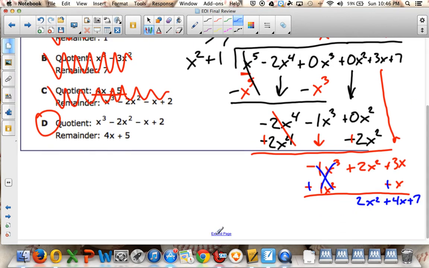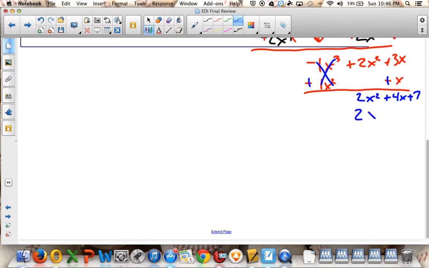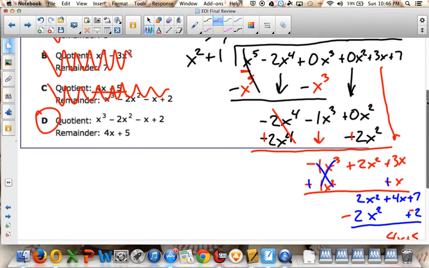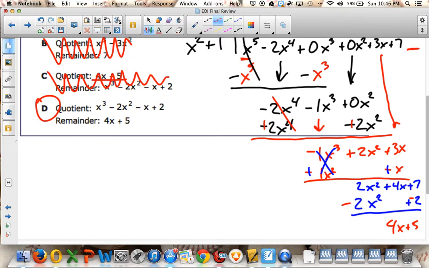And I get, extend the page, I get 2x squared, and I get plus 2. When I change the signs and add, I get 4x plus 5. Since I can't bring down any more numbers up here at the top, that ends up being my remainder, exactly like it looks right there.